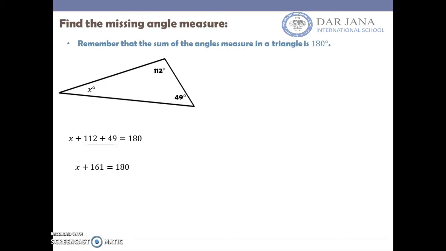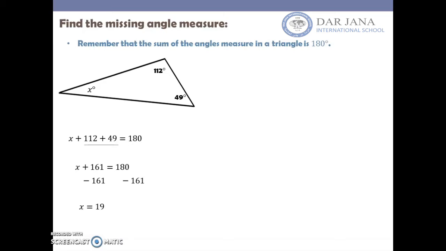Because here you have x plus 161, I need to subtract 161 from both sides of the equation. Plus 161 minus 161, they cancel each other. And then 180 minus 161 will be equal to 19. That's the first method. So x, the missing angle, equals 19.